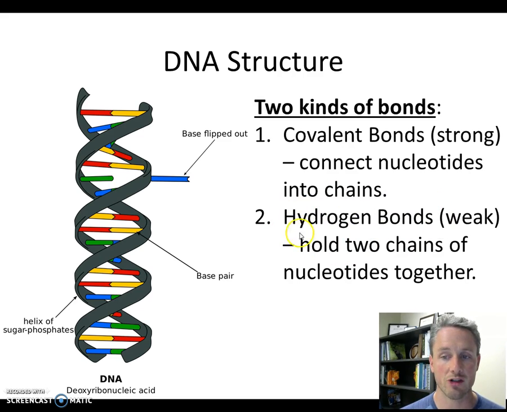And those connections are hydrogen bonds. All right. So top to bottom, we're very strong. Side to side, this molecule is relatively weak because it's only held together by hydrogen bonds side to side. So let's think about the process of DNA replication and why those structural elements are important towards that process.